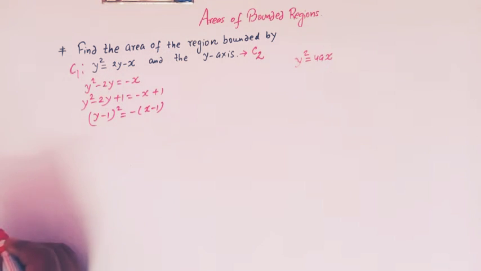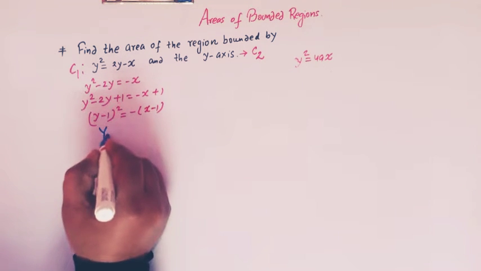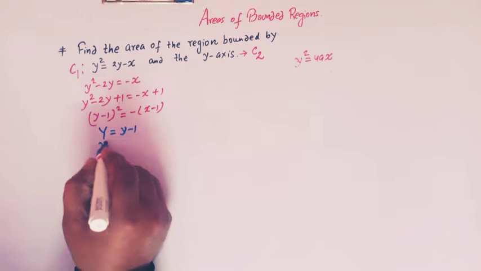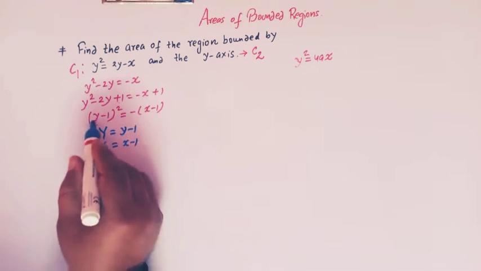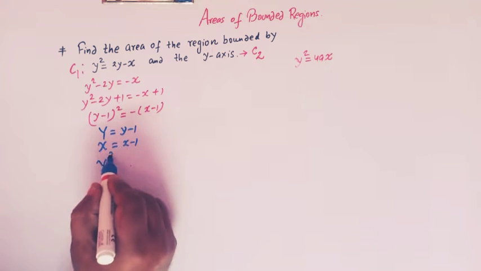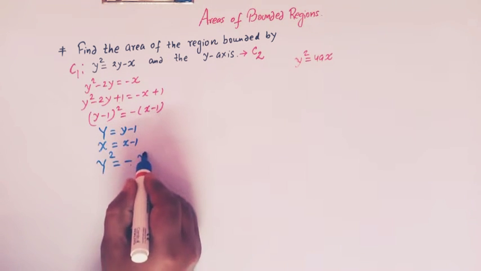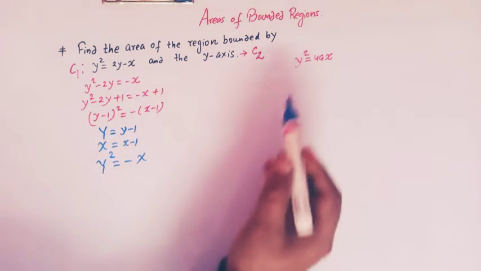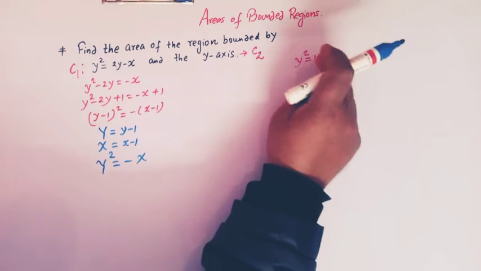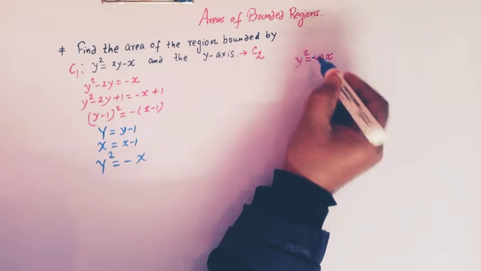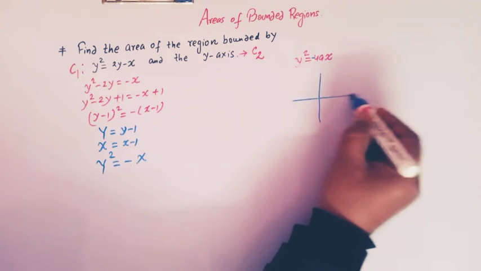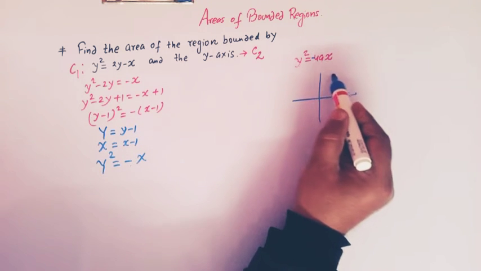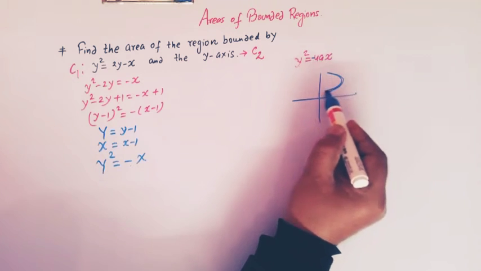and this becomes, taking a negative sign outside, x minus 1, right? Now if we take this y minus 1 as capital Y and x minus 1 as capital X, then we see that we have Y square is equal to minus X, and this equation is of this form, except we have a negative sign over here, which shows that the parabola opens towards the left side, right?